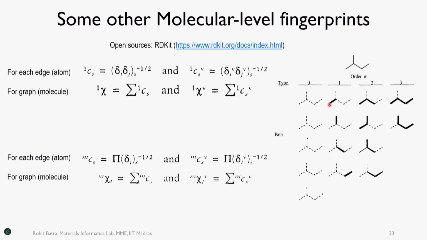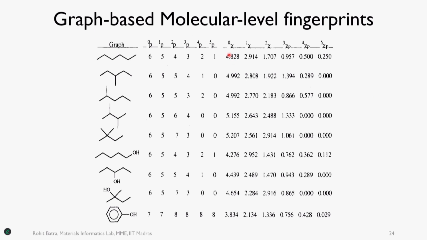So I think it will become easier here. So this is my 0th degree, where I just talked about that particular value. First degree, I'm talking about different edges. Second degree, I'm talking about two edges simultaneously. Third degree, more, and so on. This is another way how you have converted a graph into a set of numbers.